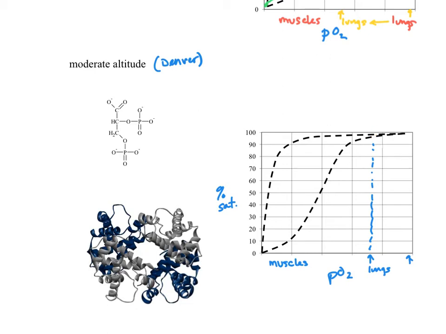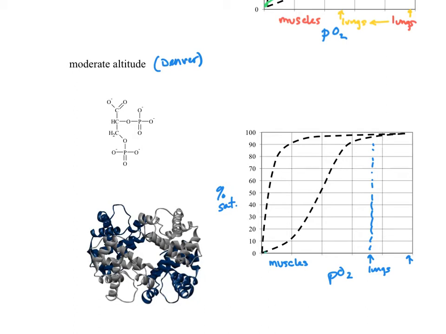The problem is that you just get less oxygen overall delivered, and therefore we actually solve the problem in a different fashion. In humans, when you go to high altitude, you have the same hemoglobin, but what happens is you alter the conditions in your red blood cells over maybe 24 to 48 hours.